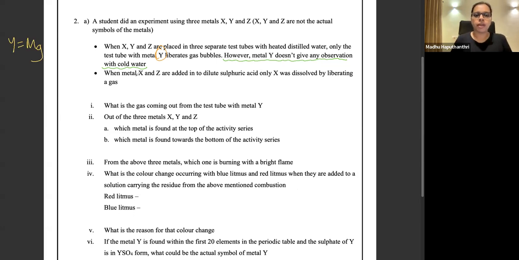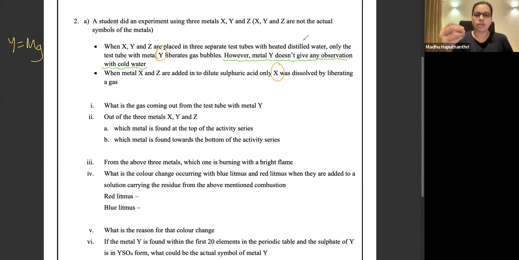Further, I'm telling when metal X and Z are added into dilute sulfuric acid, only X was dissolved by liberating a gas. So seems like Z is not reacting even with the acid. Y reacted with the water. If someone can react with the water, definitely it can react with the acid. That is not questionable, right?